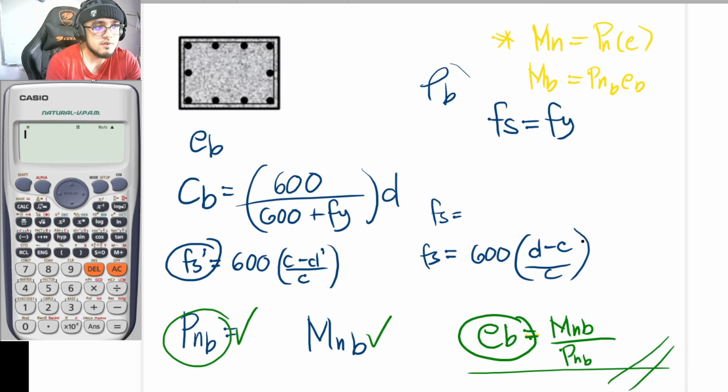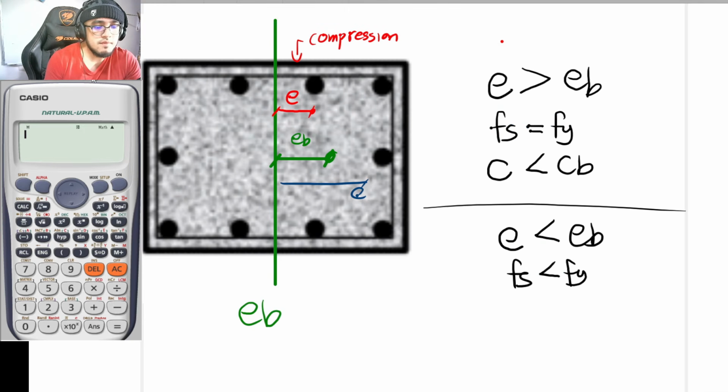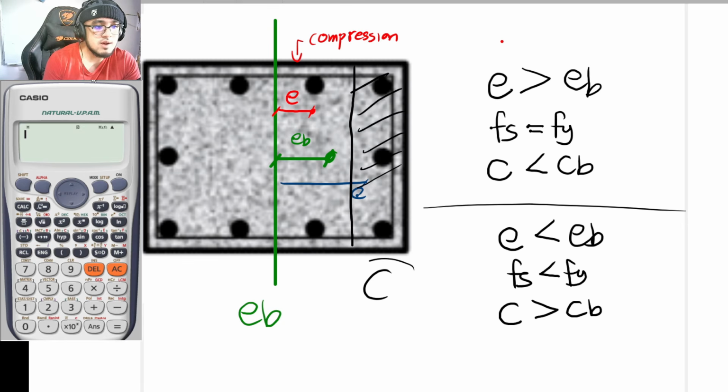So fs is less than fy, and with such, your c is now greater than your c balanced. Imagine that your force would be here. Of course, your compression would now be bigger. And let's say that your eccentricity is big. It means that your compression concrete would now be little. Thus, your c is now smaller.